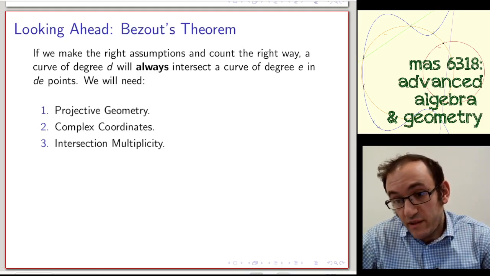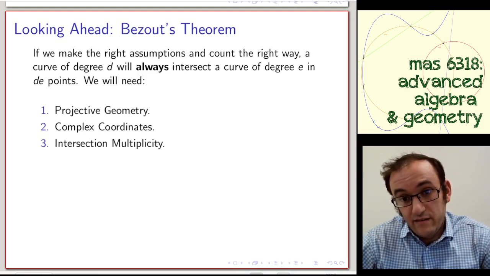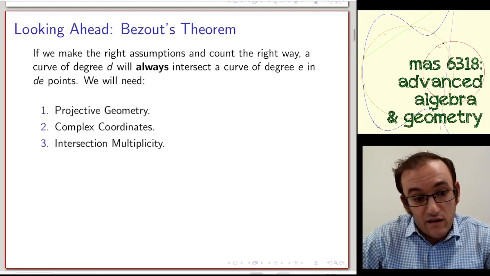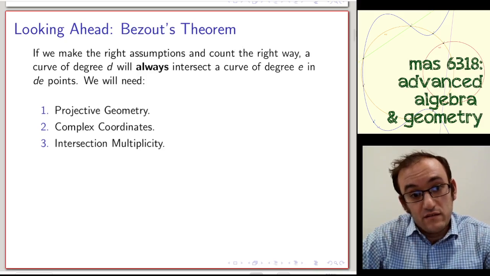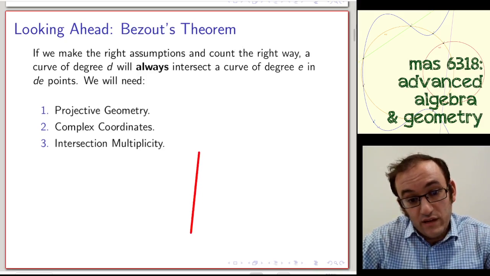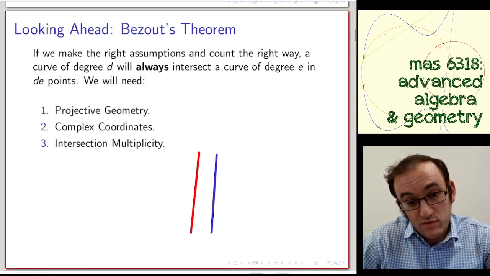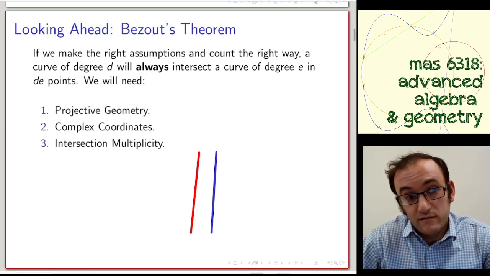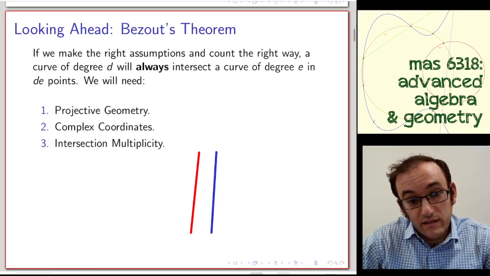So we're going to talk about the projective geometry bit today. And the key there is that in projective geometry, even when 2 lines seem to be parallel, they will actually really meet off at infinity.